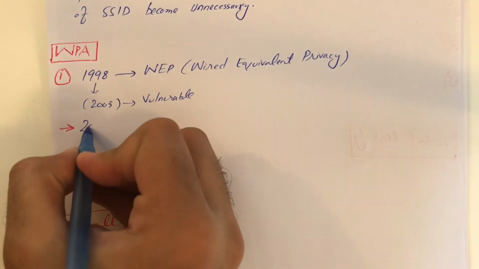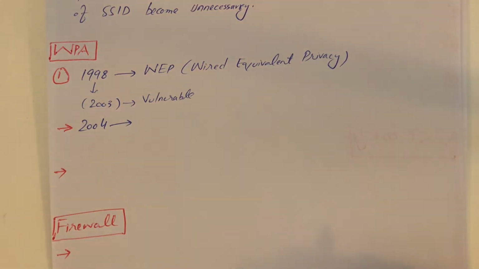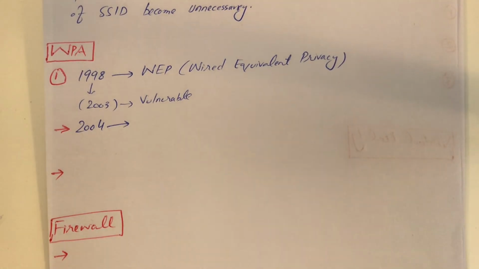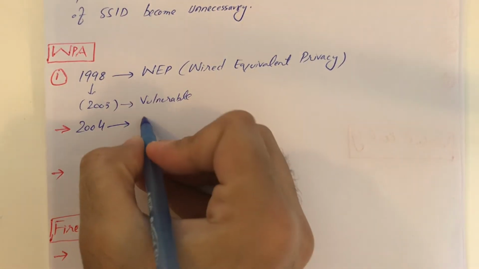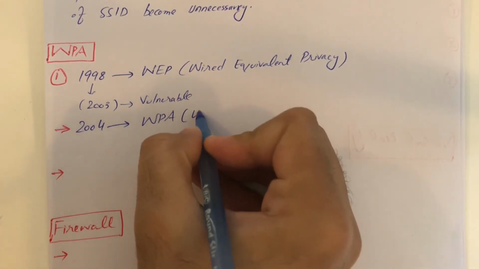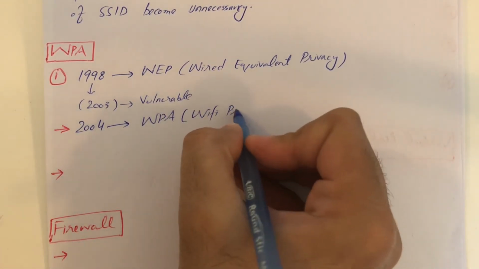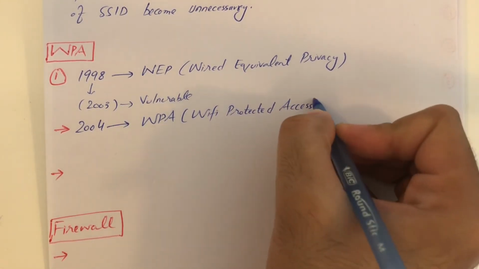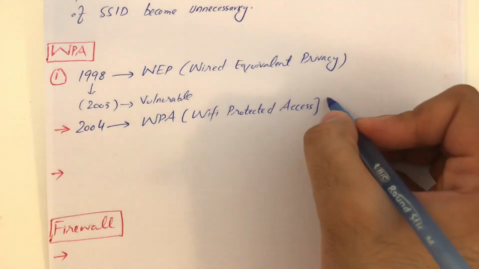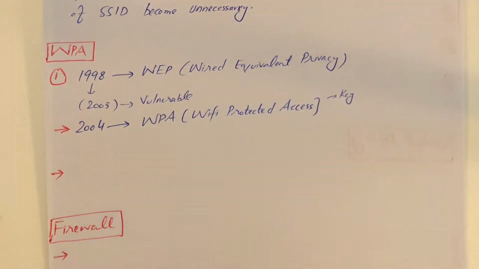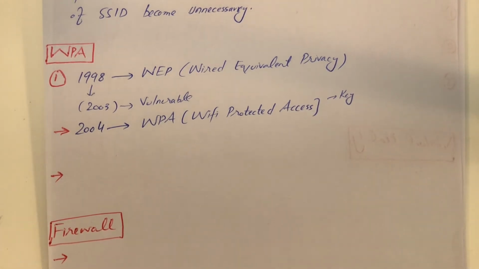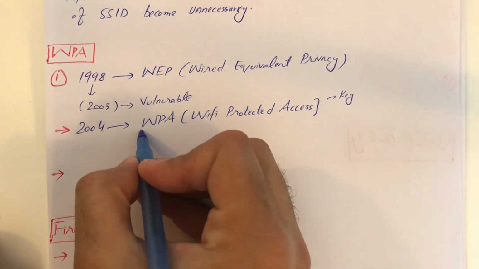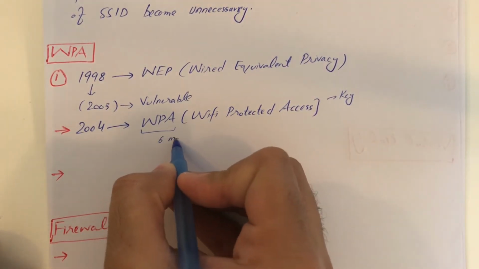Then in 2004, another algorithm which was intended to replace WEP was named WPA, Wi-Fi Protected Access. So with WPA, they introduced the concept of a security key, like you need to know the Wi-Fi password in order to get connected. But the encryption scheme of WPA was extremely poor, so the life of WPA was just 6 months.